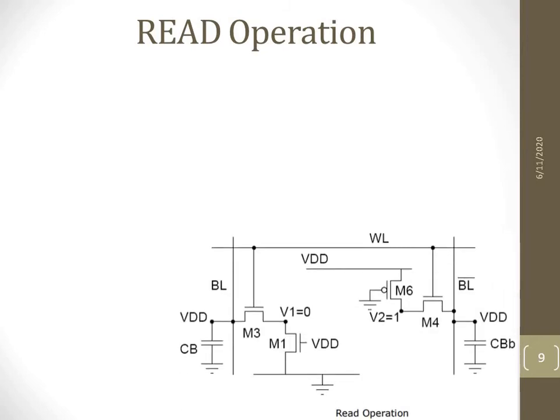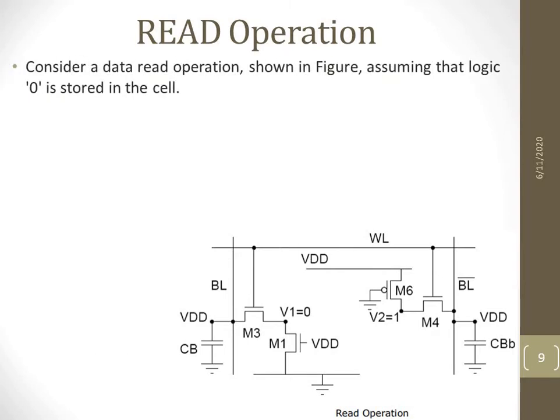Now let's look at the SRAM read operation as well as the SRAM write operation. First we will see the SRAM read. So in the read operation, what happens? Consider a data read operation. It is assumed that data 0 is stored. So how do we take out that 0 which is stored? If you look at the previous diagram, there were two inverters connected back to back.